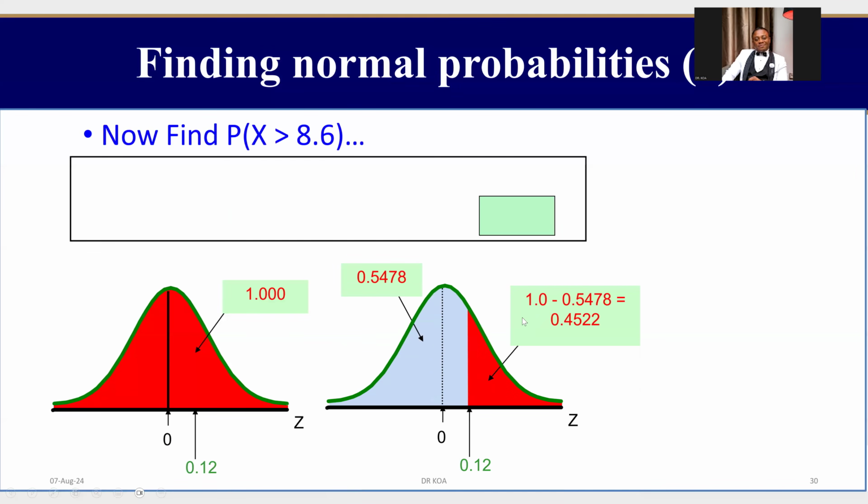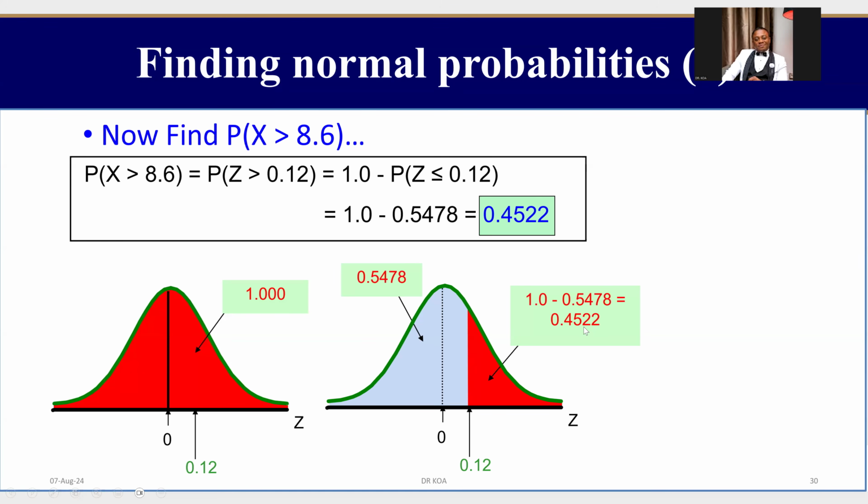If you subtract from 0.5, you get the same answer, which is 0.4522. So that is how you do all of those things. Solve as many examples as you can from the document, and you will crack all of this.